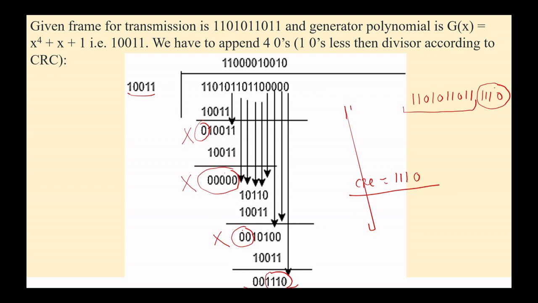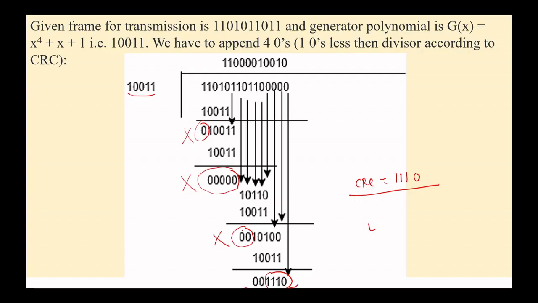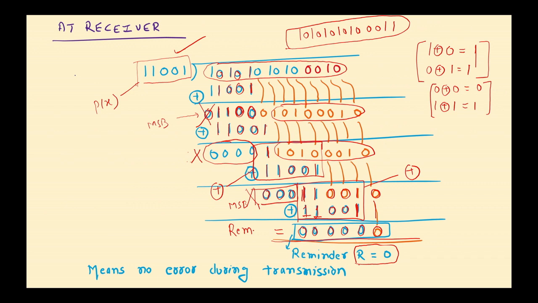So that is your transmitted frame. Here they are asking only for the transmitted frame. If they said you have to check this transmitted frame, then again we perform a division operation at the receiver, and then we check the remainder bits. So this is all about the CRC.